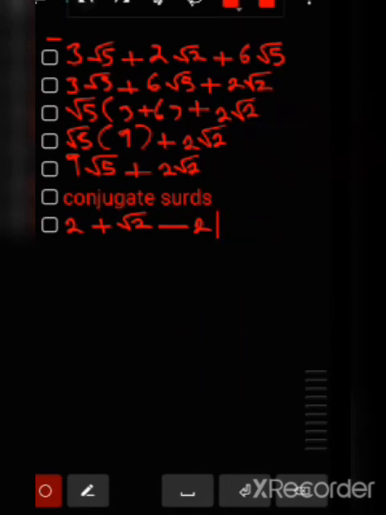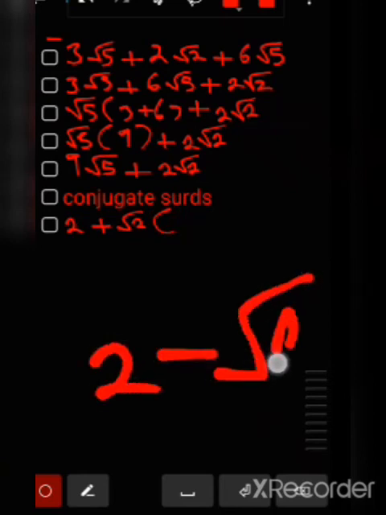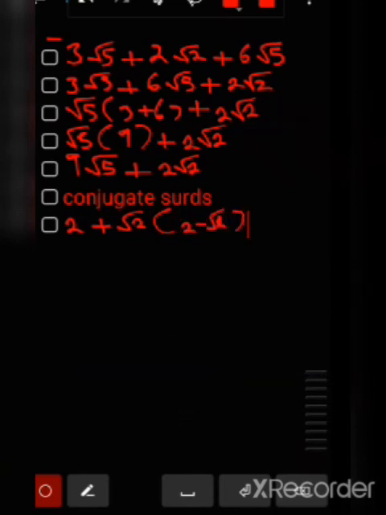So that one will look like an expression. Let me draw this. Again, that's a mathematics symbol. Okay, root 2. So the conjugate of this is simply 2 minus root 2. In the conjugate, you just change the sign. It means that's the conjugate.